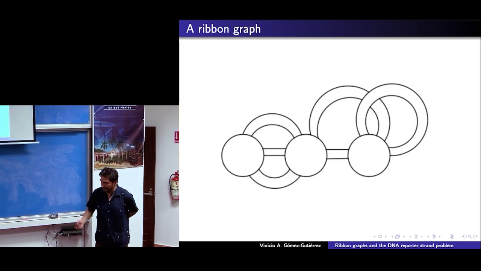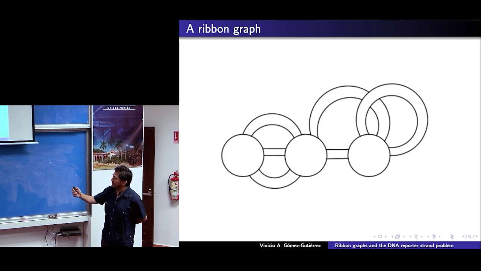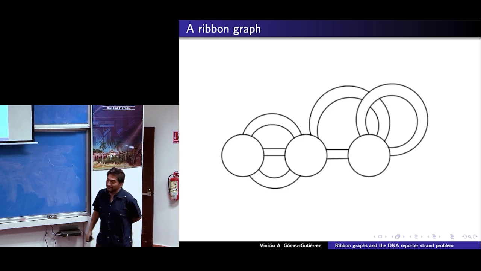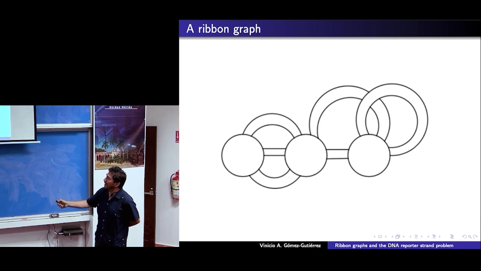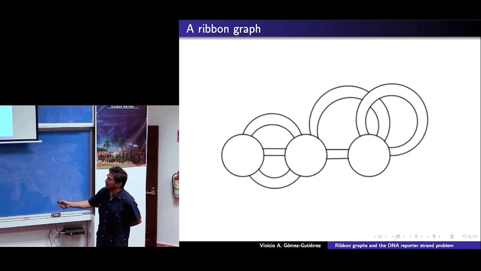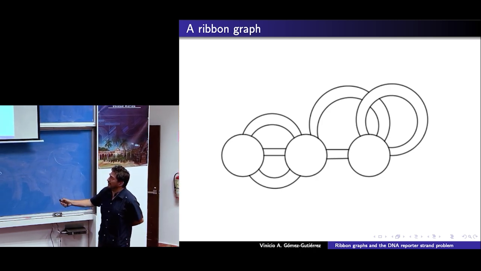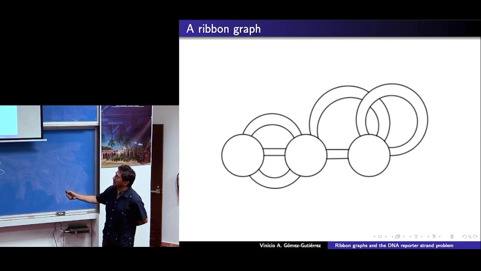This is a ribbon graph. This is a vertex, and this is an edge. The one edge intersects a disk in one line segment, or includes two line segments.